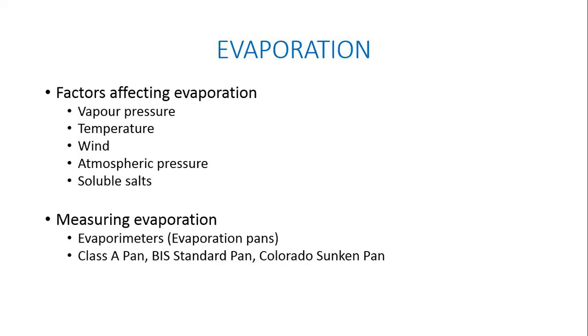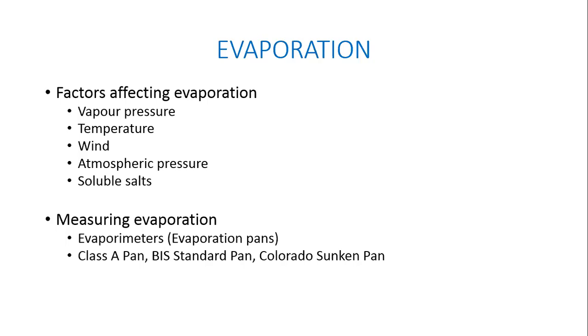Now with these pans, basically you'll have a pan, you'll pour some water in it, and you will measure how the water level in the pan changes as a function of time. When I say function of time, you're not measuring it in seconds, you're measuring it in hours and days. So you pour the water today, and if you check 24 hours later, you see how much water has decreased.